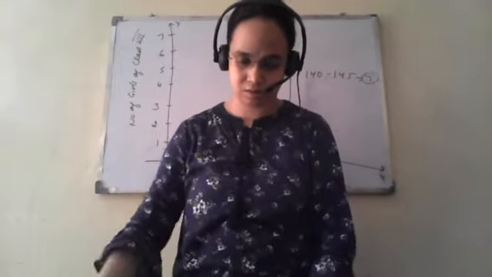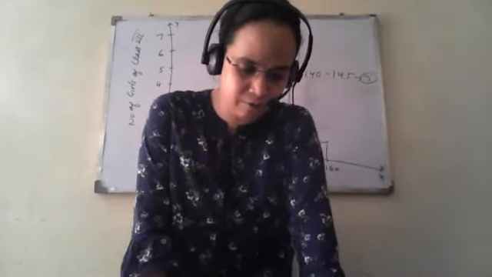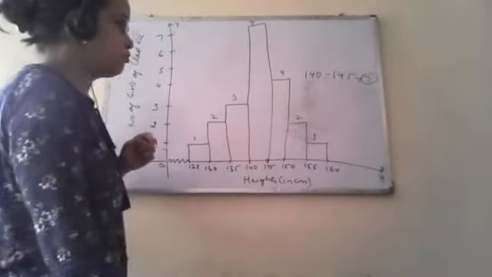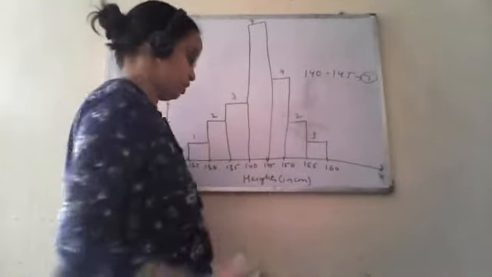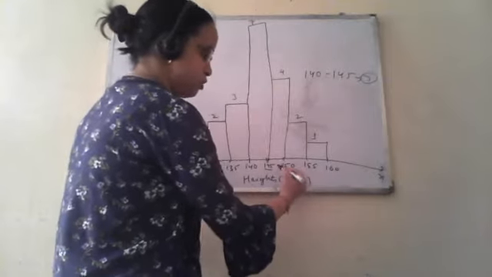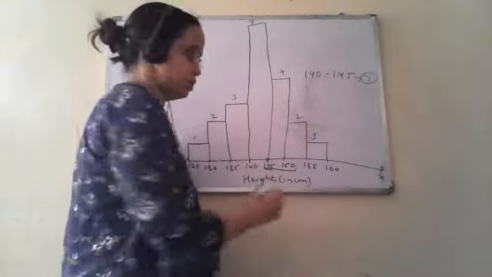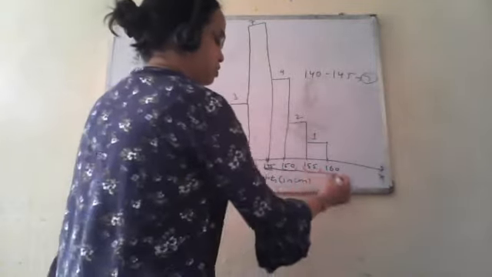Now, how many girls have a height of 145 centimeter and more? 145 and more means 145 is included. So we will start from this interval, and we have to count these three intervals: 145 to 150, 150 to 155, and 155 to 160.